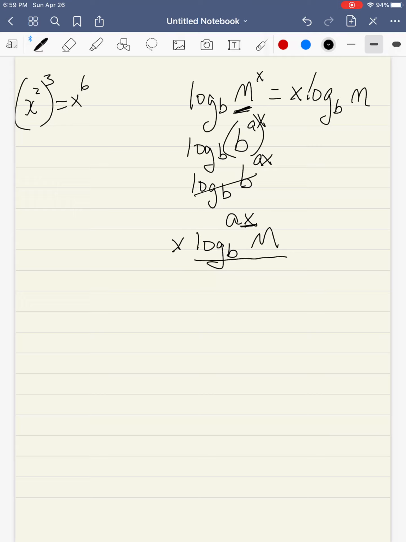We're taking the log base B of M and multiplying it times x. Okay, so that's what we were supposed to show. All right, so that's all the laws of logarithms. So now you can feel comfortable that we're moving on to something else.